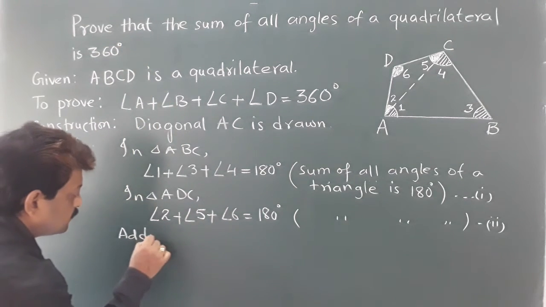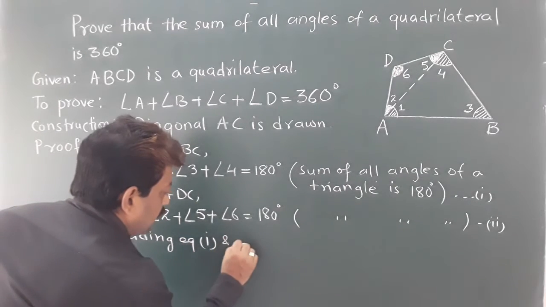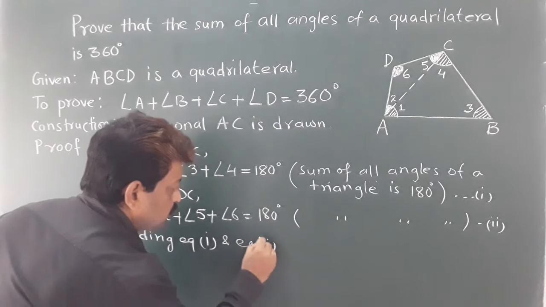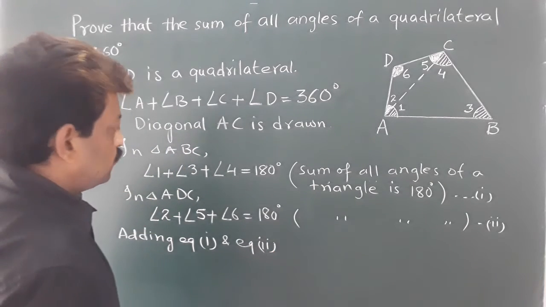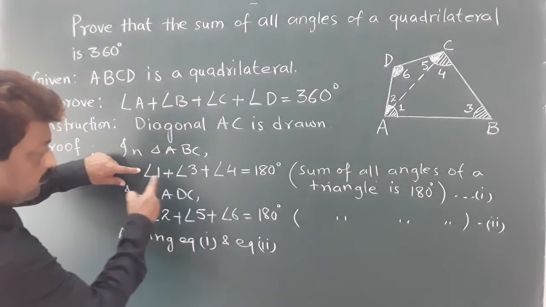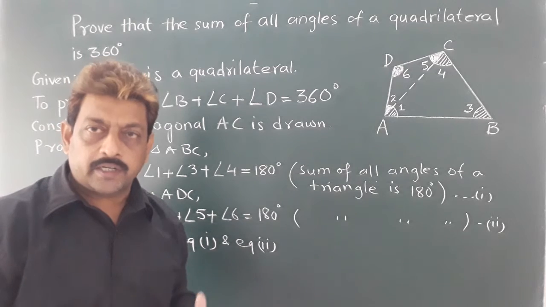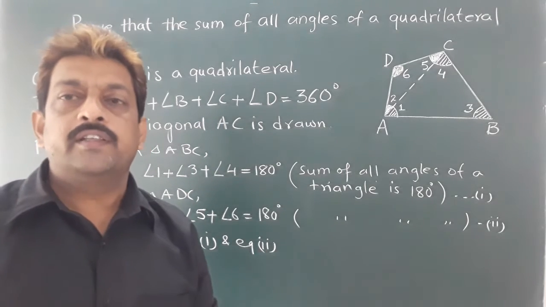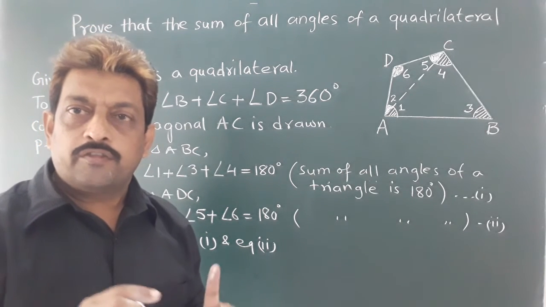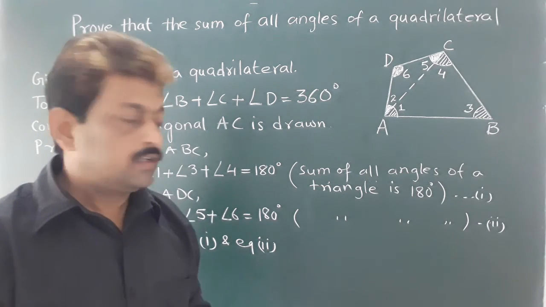Adding equation 1 and equation 2. So what will happen if I add both the equations? So let me arrange the angles. When I am adding equation 1 and equation 2, left hand side of the equation will be added to left hand side of another equation.